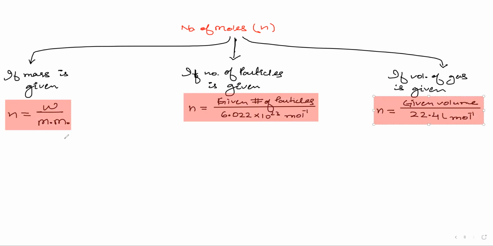That is why we use the word formula. Otherwise, these are just logical things. Given mass by mass of 1 mole. Given number of particles by number of particles in 1 mole. Given volume by volume of 1 mole. For dozens, we use the given number of entities divided by the number of entities in 1 dozen.